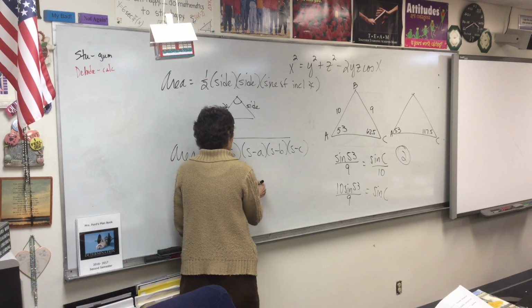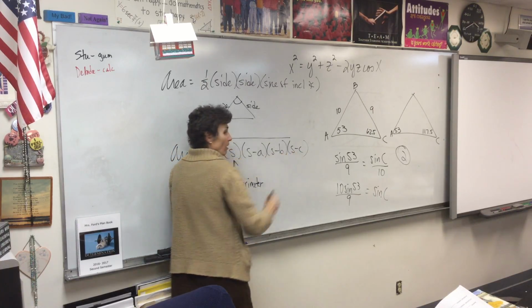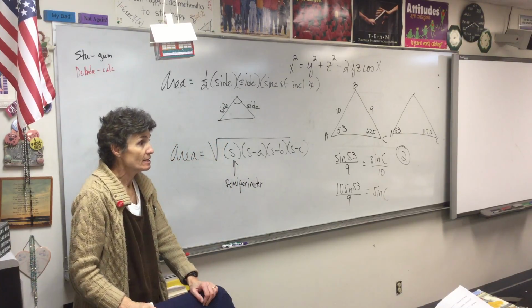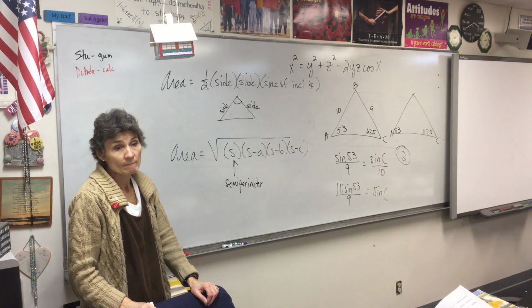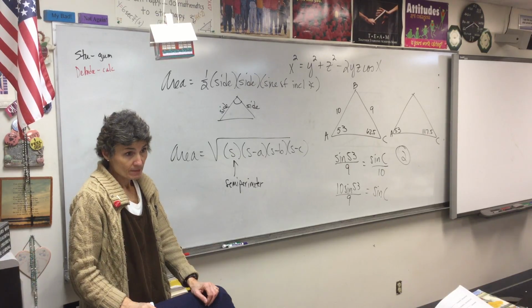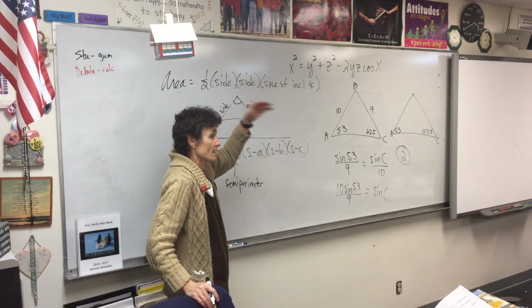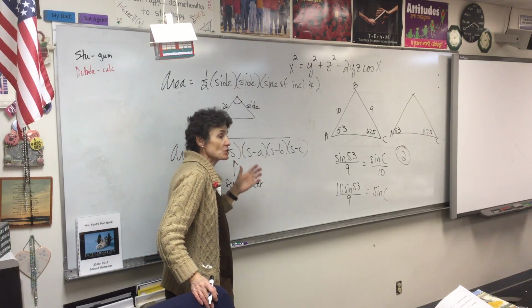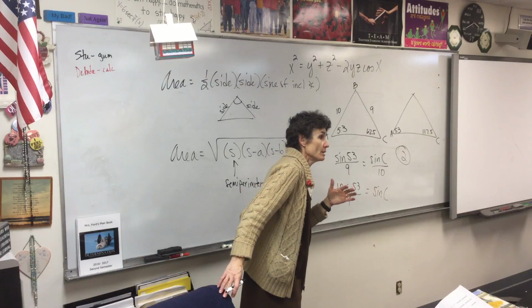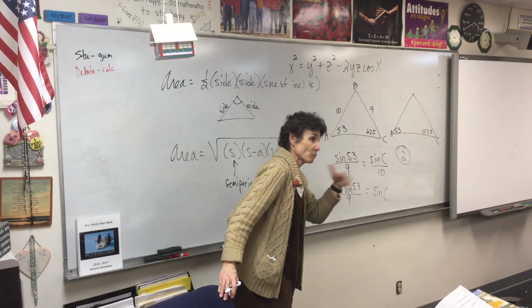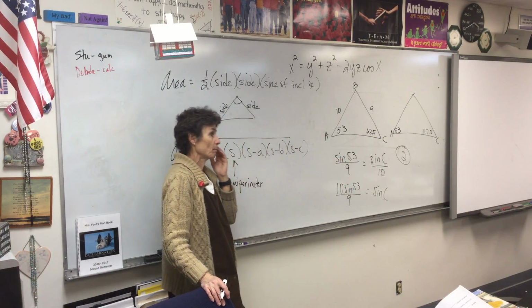And A, B, and C are the sides of the triangle. And then of course to do the first problems, you have to remember tangent equals sine over cosine. You have to remember those things to do those first couple problems.